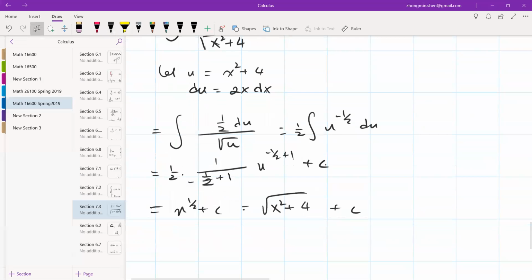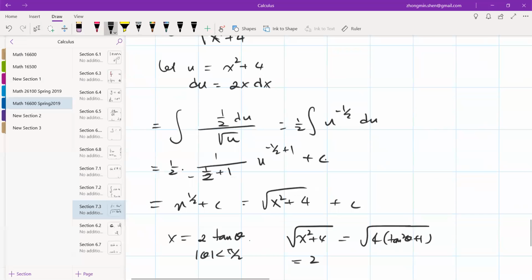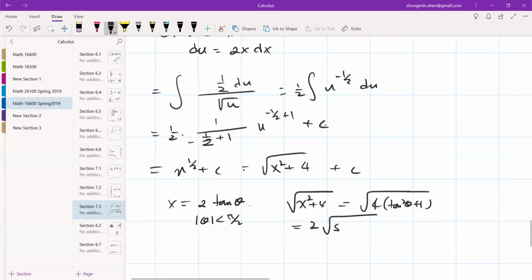So x is 2 tangent theta, with theta between negative pi over 2 and pi over 2. Then x squared plus 4 gives you 4 tangent squared theta plus 1, so that will be 2 times the square root of secant squared theta, and that's going to be 2 secant theta.